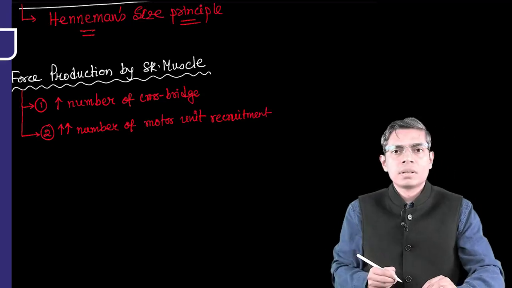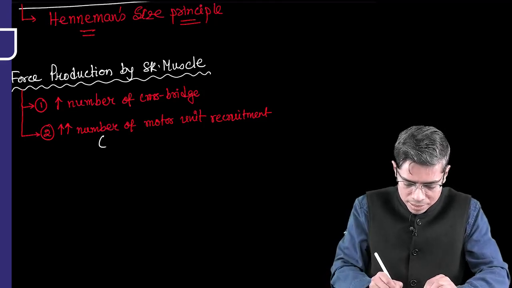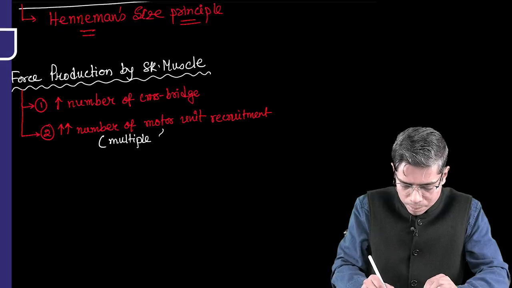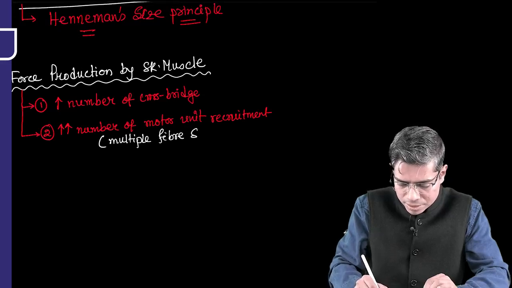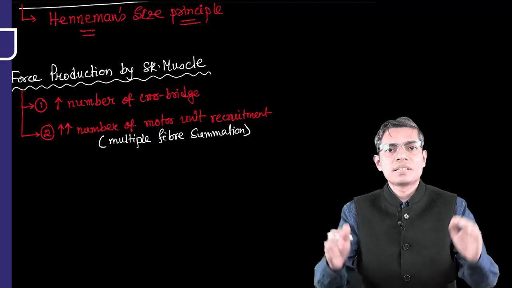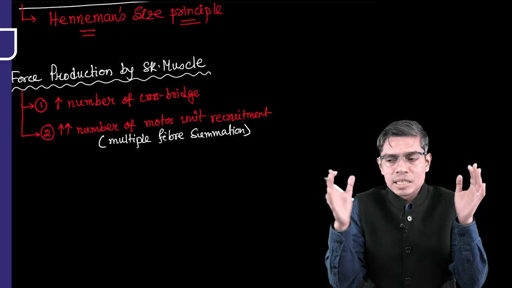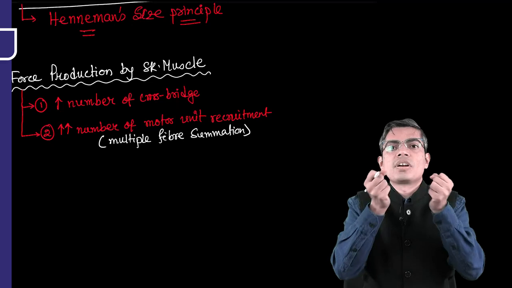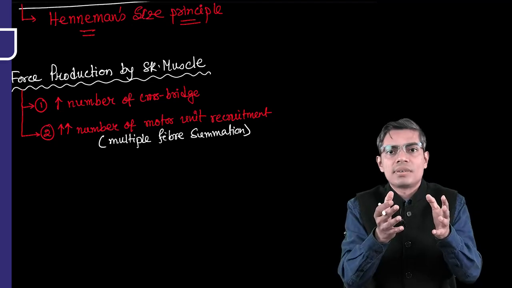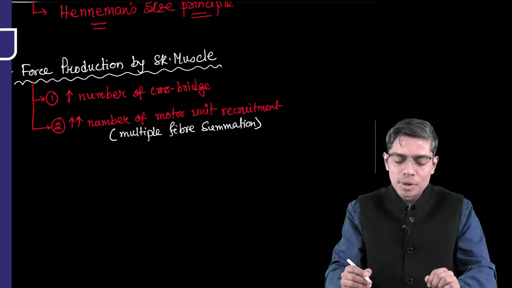This increased number of motor unit recruitment is also known as the multiple fiber summation principle. Summation means addition of force. So whenever you are recruiting more and more motor units, you are adding more and more fibers which are contracting simultaneously. That's all. You are adding up the force of multiple muscle fibers, and that's why this is known as the multiple fiber summation principle or increased number of motor units.